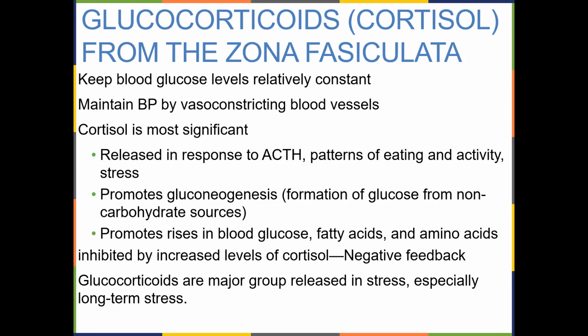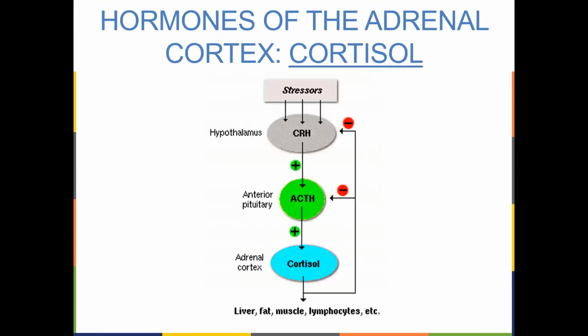So long-term stress is never a good thing, because our response to long-term stress is to release more cortisol, which stimulates more glucose for us, so we can respond to the stress. And there's the flow chart. The more stress we have, the more our central nervous system responds from the hypothalamus, stimulating the production of ACTH, which tells us to make more cortisol, which stimulates more glucose production.